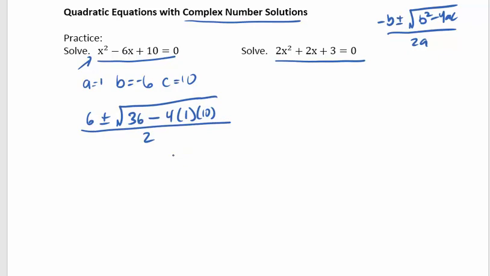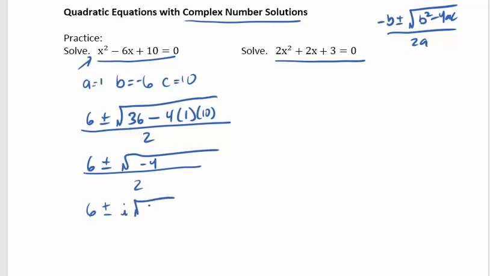All right, let's simplify what we have here. So I have 6 plus or minus the square root. This is going to be 36 minus 40. So 36 minus 40 is going to give me -4, all over 2. Now, notice we've got a negative value under the square root, so we want to quickly pull the i out front before we perform any other operations. So 6 plus or minus i times the square root of 4, all over 2.